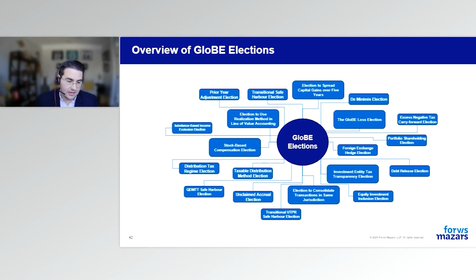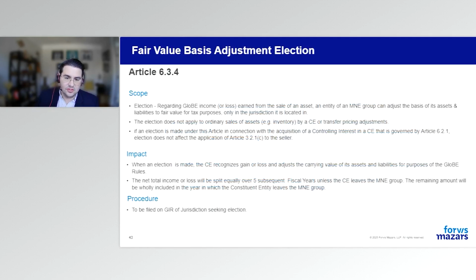And technically the safe harbors that we've had are elective as well for Pillar 2 compliance. So we're going to choose a couple of these and recap them, because some of these have big ripple effects in the Pillar 2 realm when you are selling or acquiring assets and liabilities.